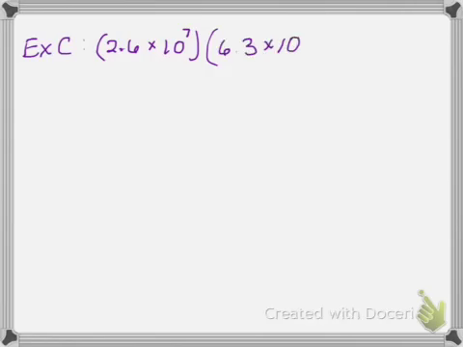So, example C is we're going to multiply 2.6 times 10 to the 7th power. Sorry, that's a 7. That didn't look right. Times 6.3 times 10 to the 4th power.